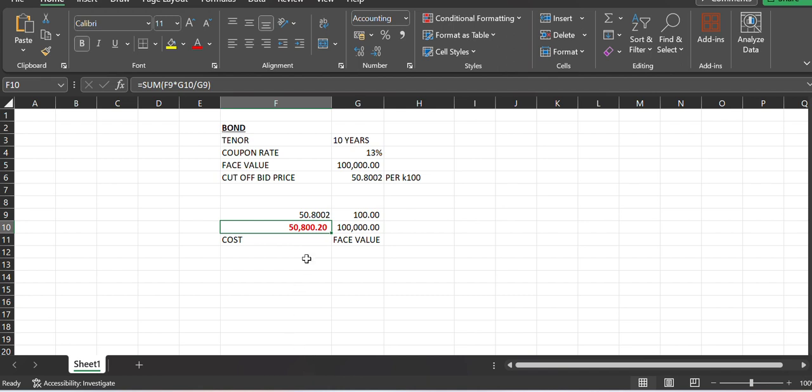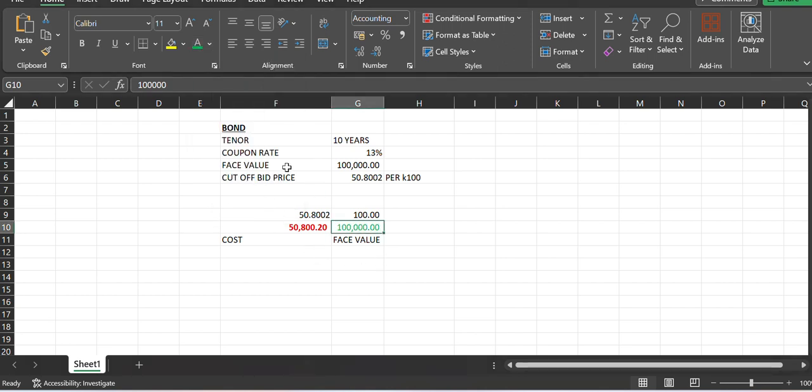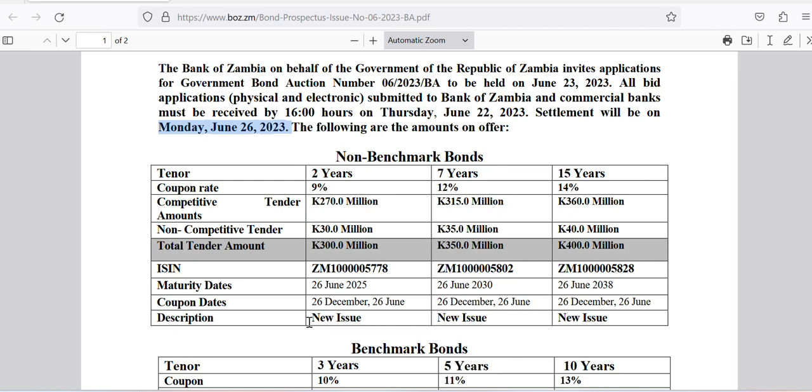You will basically lend that to the government. And with this investment, you will get a bond of 100,000 kwacha. This 100,000 kwacha you get at the end of the tenor. So you will get it on the maturity date.